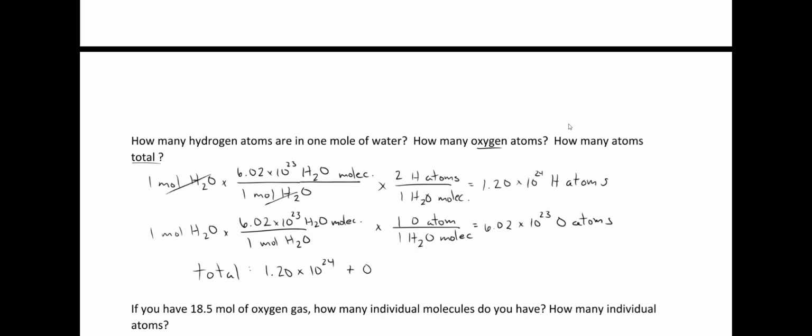So this would be 0.602 times 10 to the 24. You should convince yourself that 0.602 times 10 to the 24 is the same as 6.02 times 10 to the 23. So then, when I go to add these, I get 1.80 after adjusting to the correct number of sigdigs times 10 to the 24 total atoms.